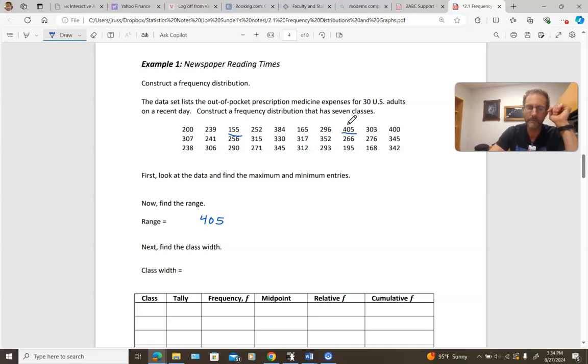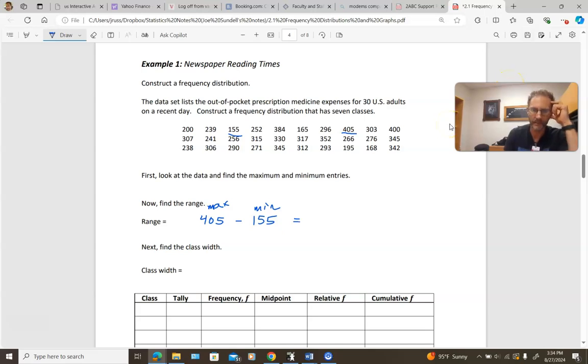So the range is the difference between the highest value, or the maximum value, and the minimum value in your data set. And so I believe the minimum value here to be 155. I'm going to actually label this. Okay, so that's the maximum, and this is the minimum.